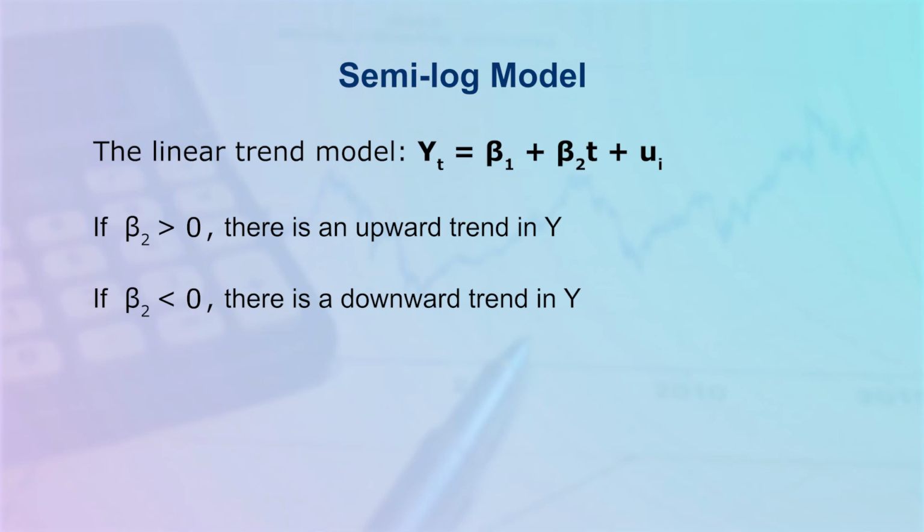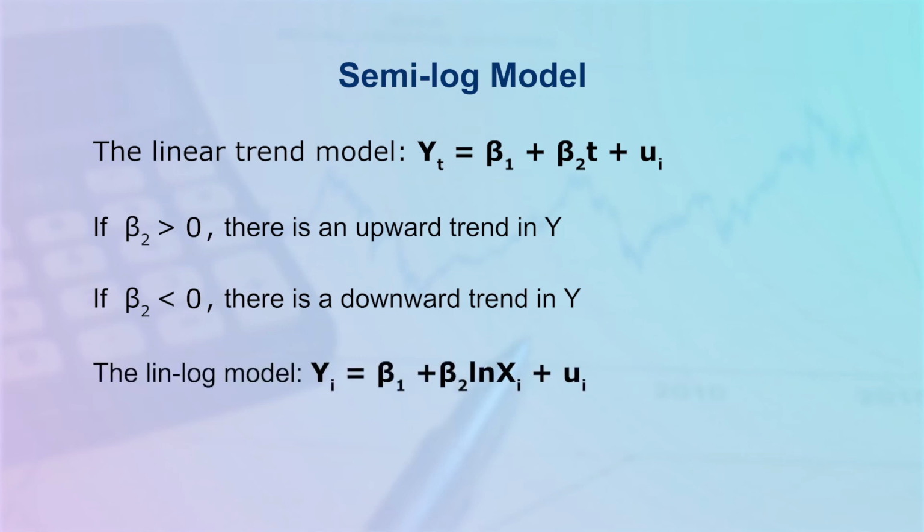So if beta 2 is positive, there is an upward trend in y. If beta 2 is negative, there is a downward trend in y, and accordingly we can make our interpretation. And beta 2 is always measuring the slope of the function. Thereby we can say that yt rises exponentially or yt falls exponentially depending on different values of beta 2.